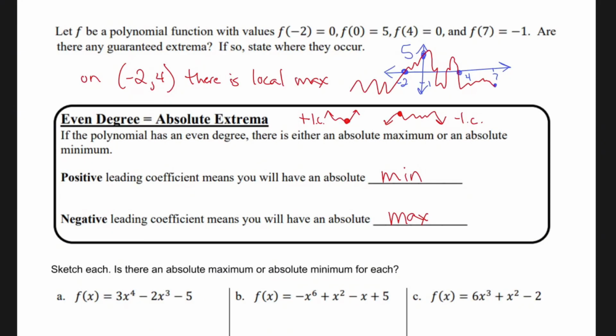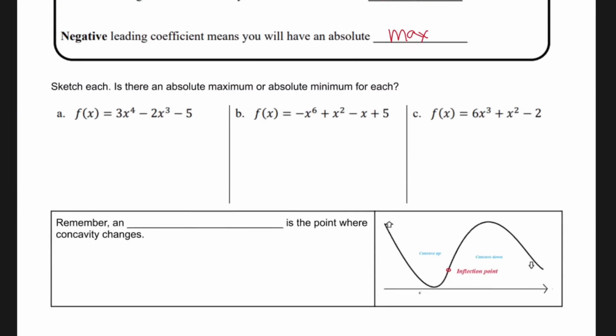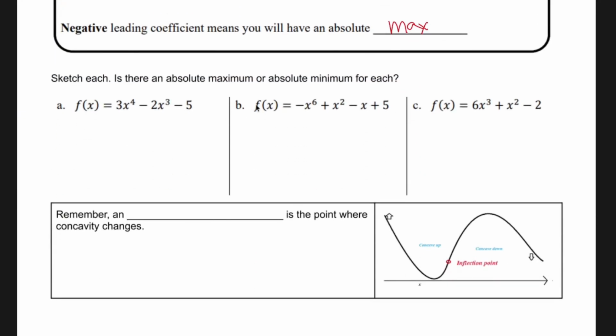All right, so let's just sketch these out anyway because I think it's good that we see them in front of us, and state if there's an absolute maximum, an absolute minimum, or neither. So what do we have? Our top one is a degree 4 with a positive leading coefficient. This is going to start at the top, bump, bump, bump, and end at the top.